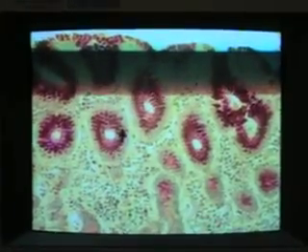That's because it's a PAS stain, and they are stained pink. If I move back, this was the area where we're going to meet here. You see the PAS positive. The deeper layer of the esophageal epithelium is also somewhat PAS positive, because these cells contain glycogen.